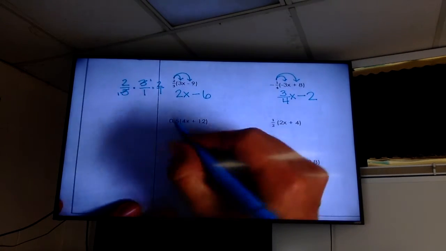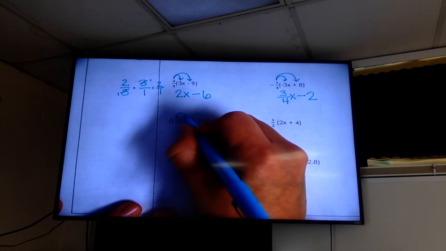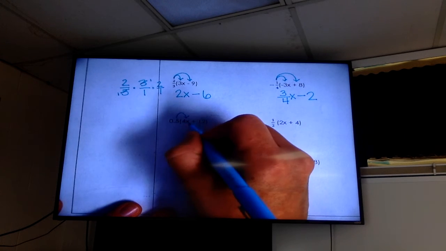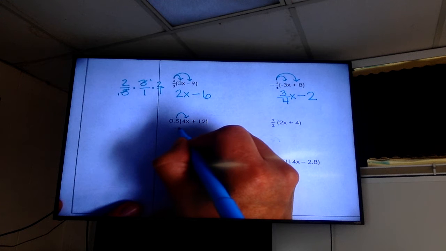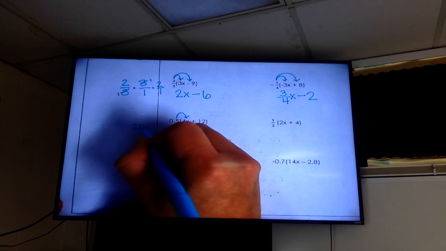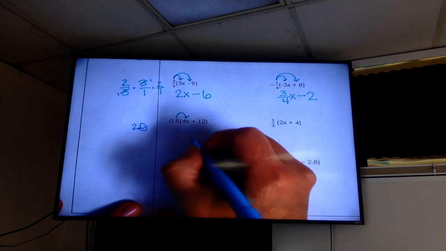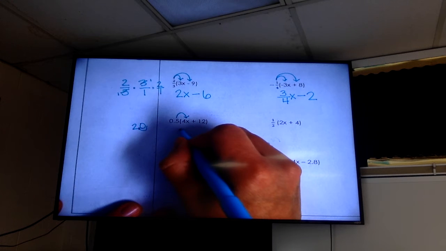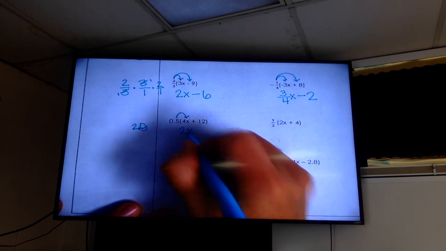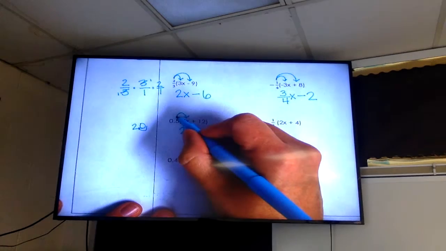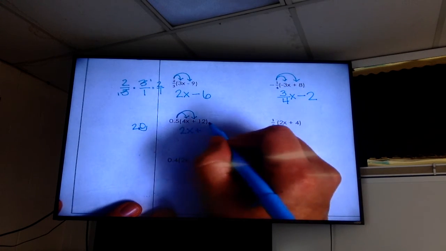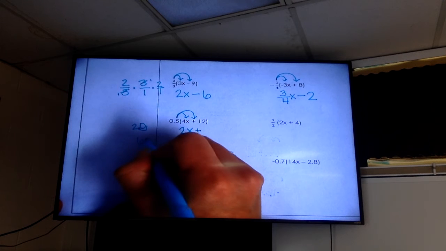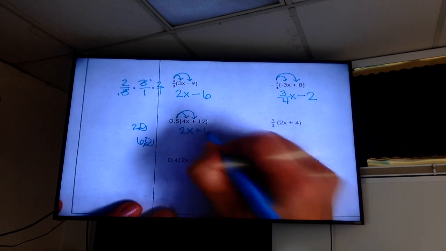Right? Decimal again. So I have 5/10 times 4. A positive times a positive is a positive. 5 times 4 is 20. So if I had 20 and I move the decimal place 1 point to the left, so that's 2, bring down my variable. Okay? A positive times a positive is a positive. 5 times 12 I know gives me 60, but I got to move my decimal point 1 place to left, so that's going to become 6.